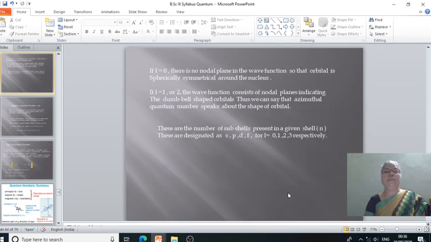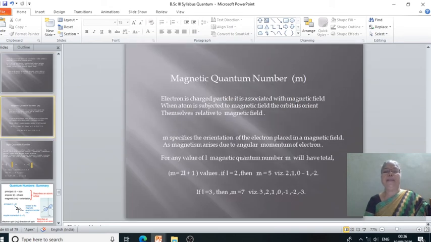Then the next quantum number, magnetic quantum number. Here electron is a charged particle and it is associated with magnetic field. When atom is subjected to magnetic field, the orbitals orient themselves relative to magnetic field.